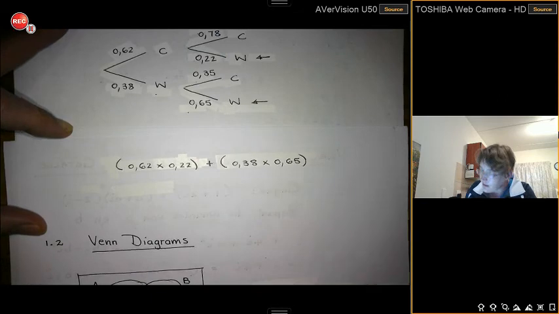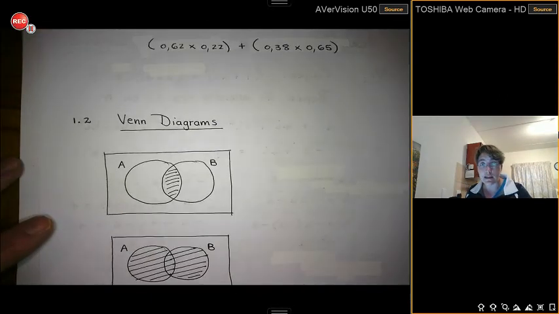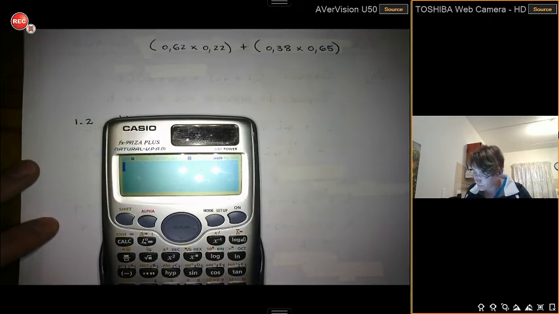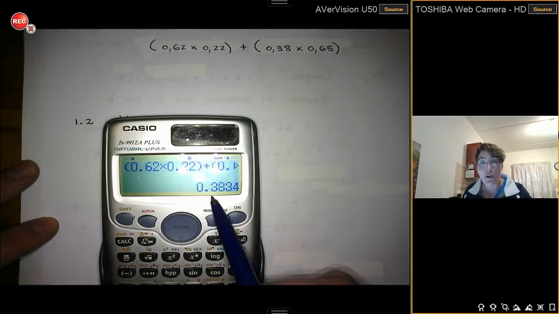And that then, if I calculate this, is going to be the probability of getting the second answer wrong. So 0.62 times 0.22 plus 0.38 times 0.65. There we go. And that will give me 0.3834.